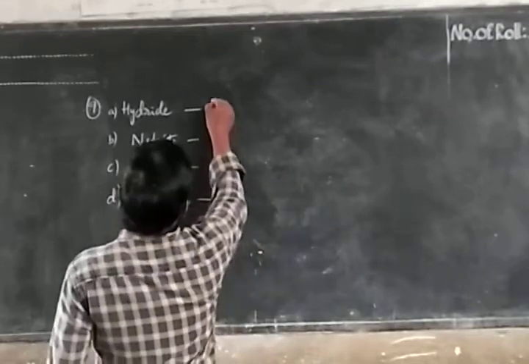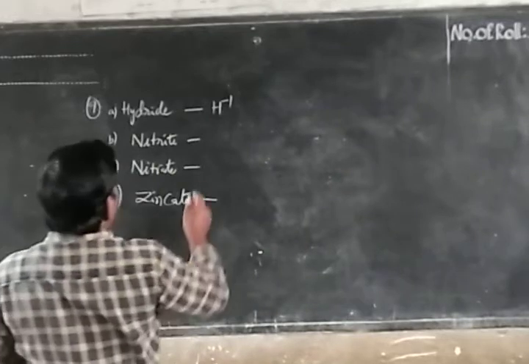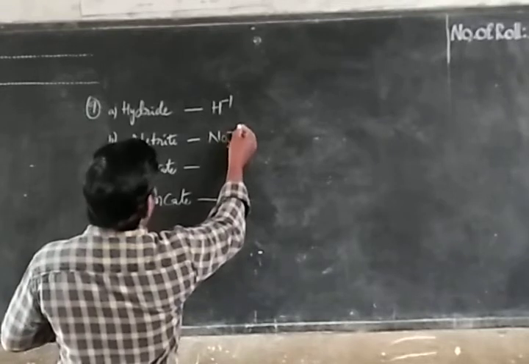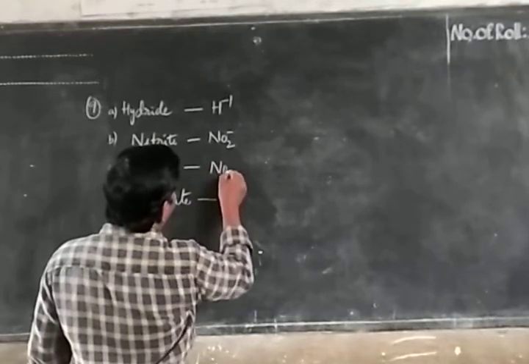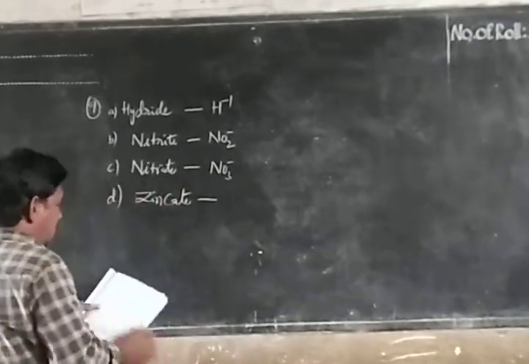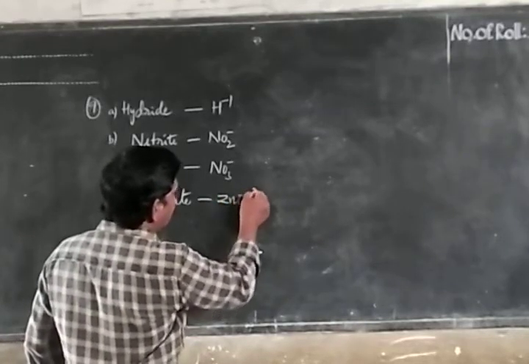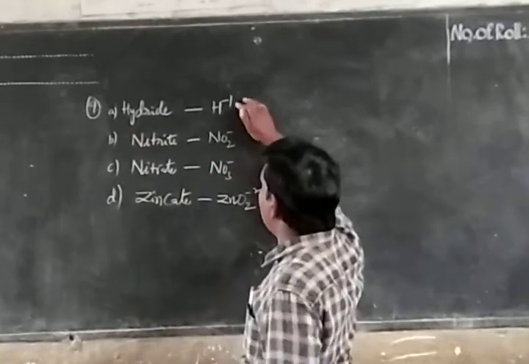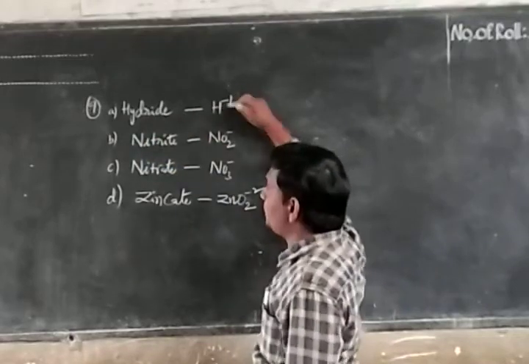Hydride means H minus 1, nitrite NO2 minus 1, and nitrate NO3 minus. Zincate means ZnO2 minus 2. Hydride is simple, H minus 1.